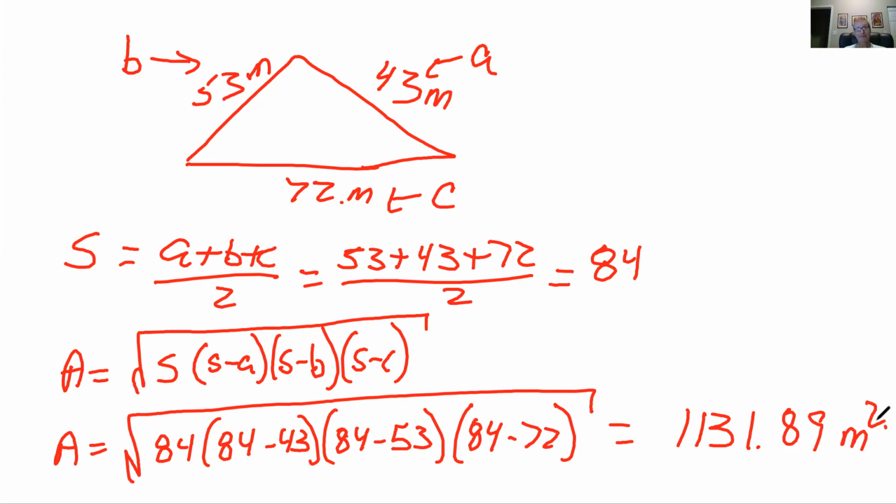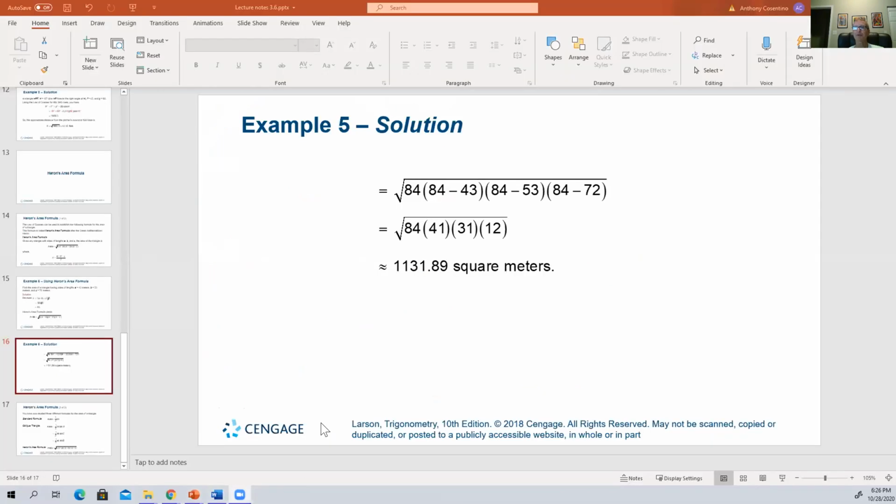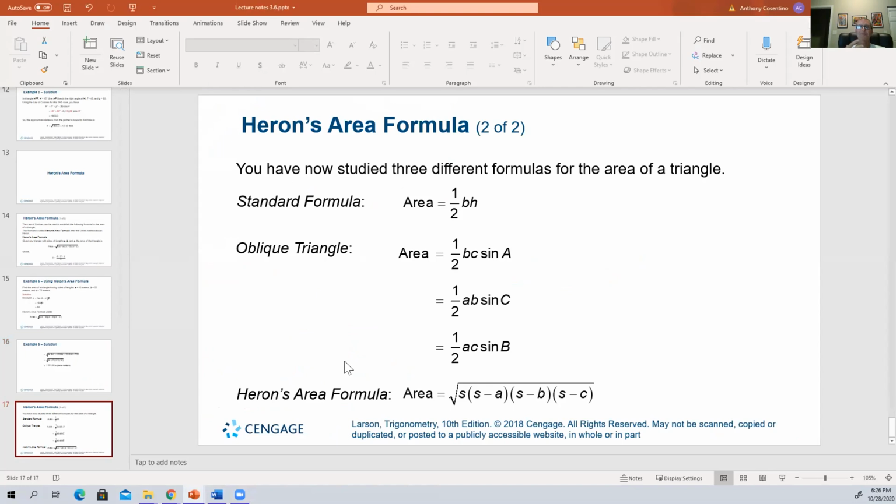So hopefully a good way to end it. The last of the formulas in chapter 3 is the Heron area formula. And so in summary, the last slide that will be uploaded gives a nice little summary of all the formulas now to calculate areas of triangles.